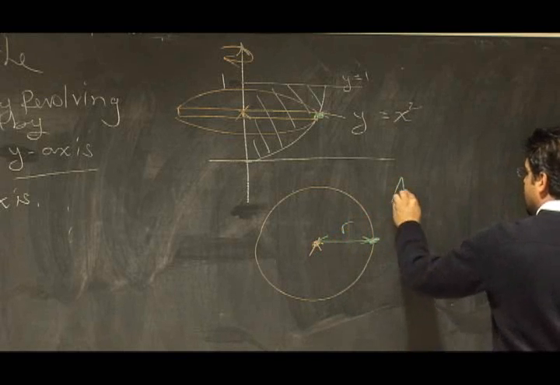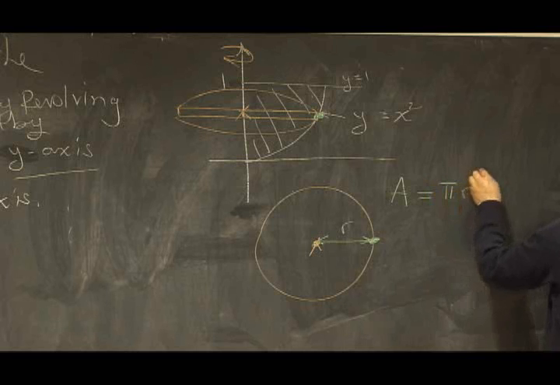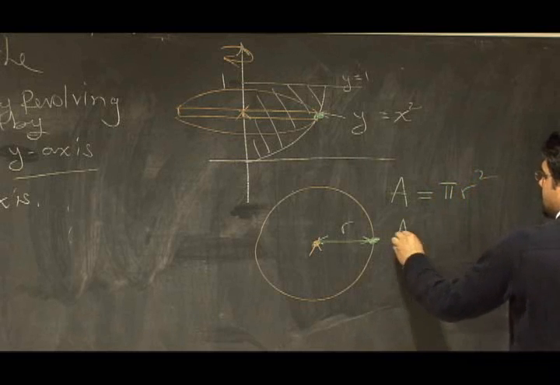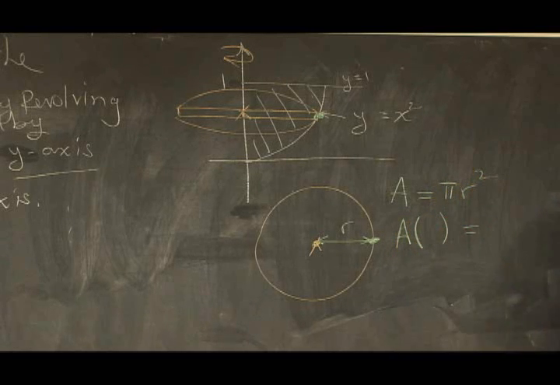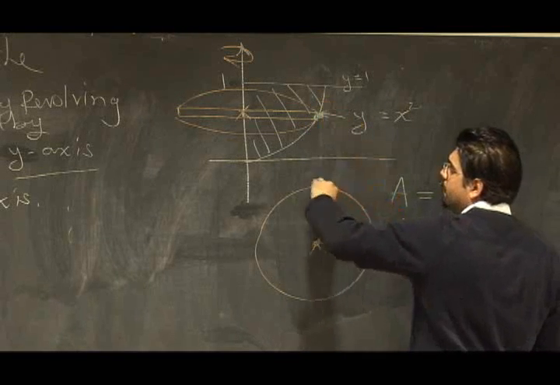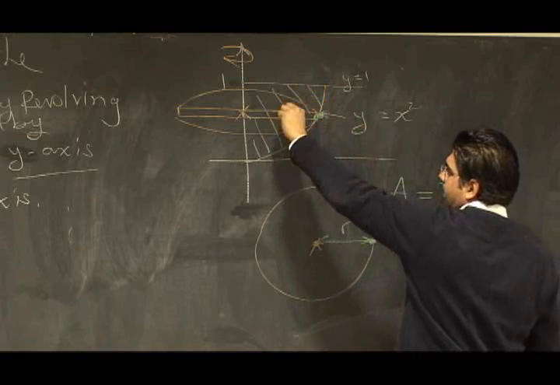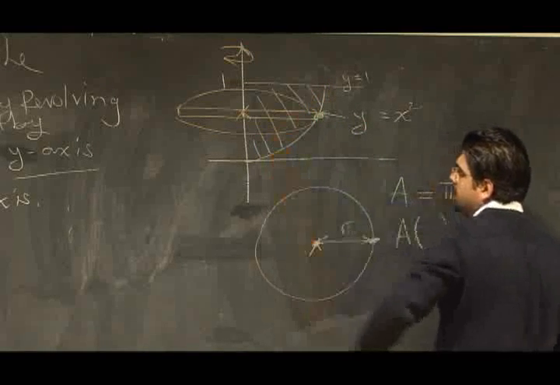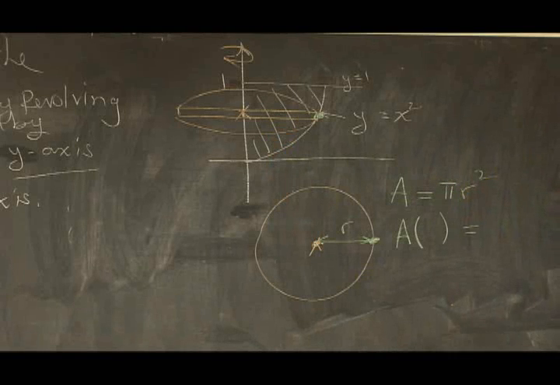And we know that the area is equal to pi r squared. So, as a function of y in this case, right? Because in order to cover this whole region, I have to move this rectangle throughout the region vertically like this. So we have to write down the area in terms of y.